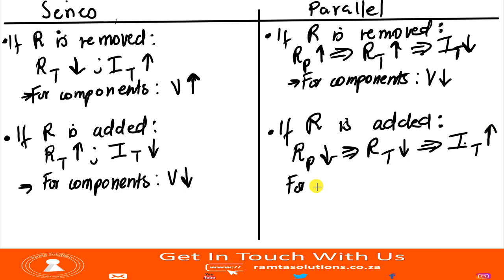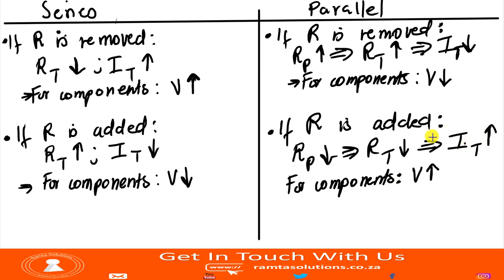Now, for components in your circuit, what will happen? Potential difference of the components will increase because their current has increased. Remember what I said? With the components, potential difference is directly proportional to the current flowing.